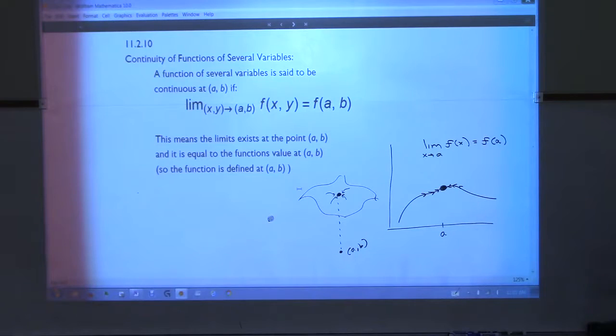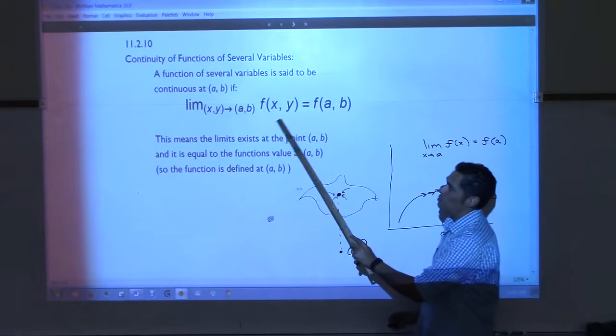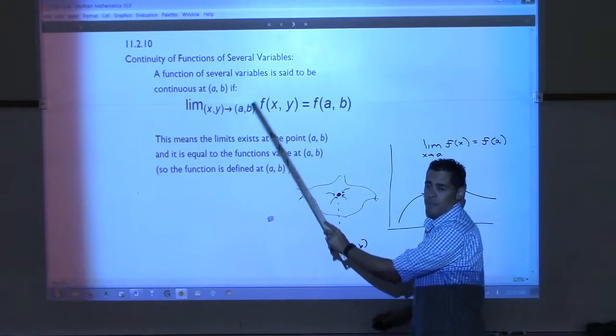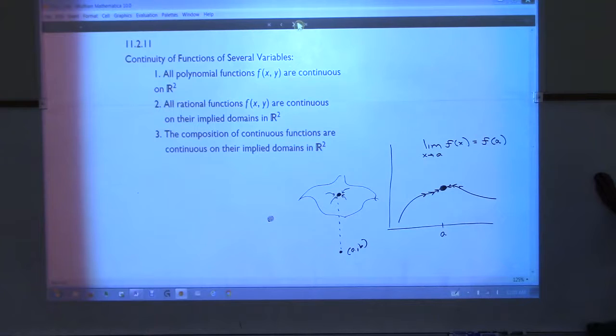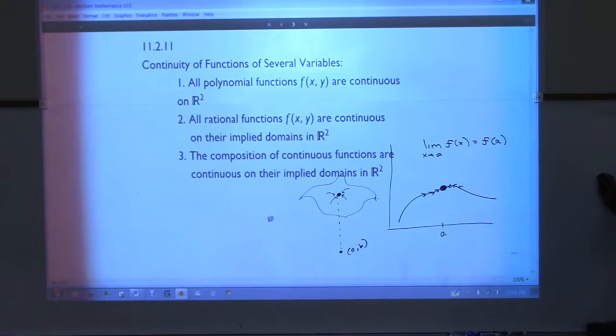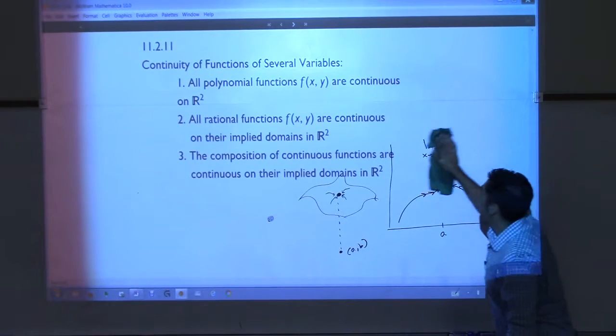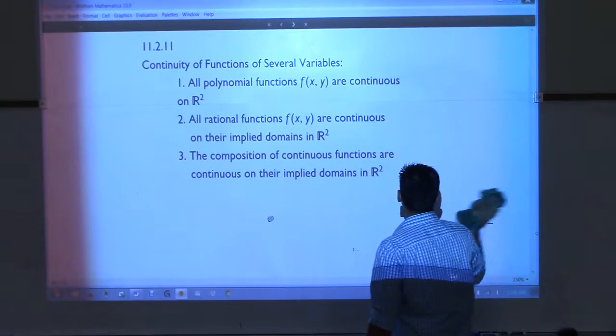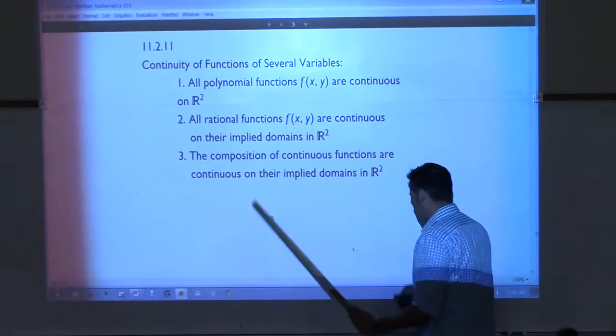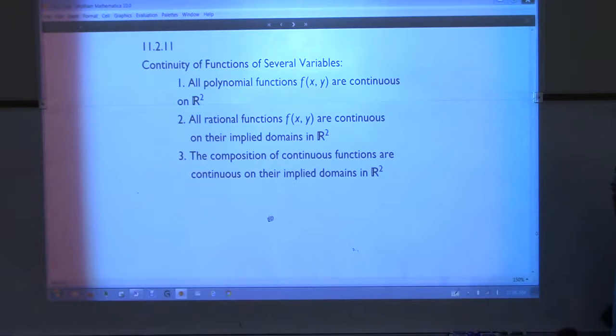Now, we know it's going to be really difficult for us to ever figure out if a function is continuous because we know that limits are hard to do, right? So what we have is a very nice result, and that's this last note here for this section. And it says that all polynomial functions f(x, y) are continuous everywhere on the entire two-dimensional plane.